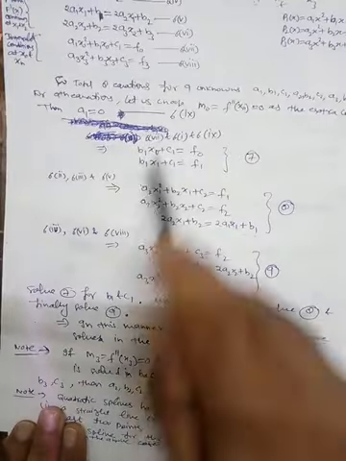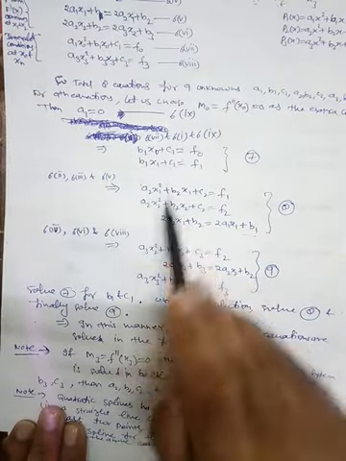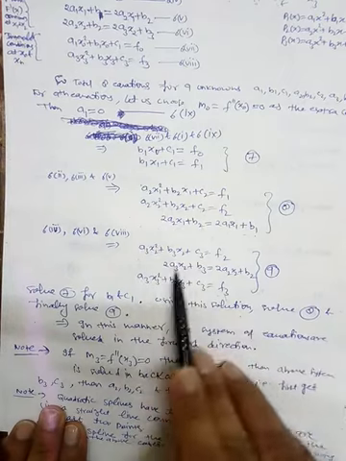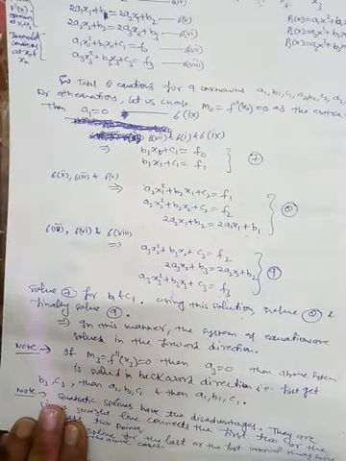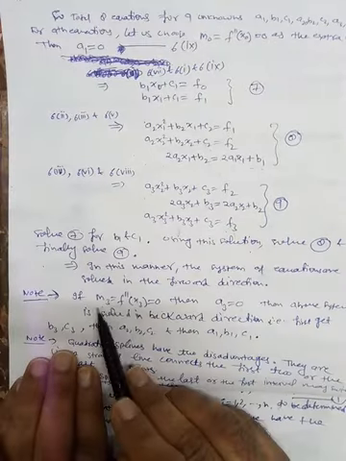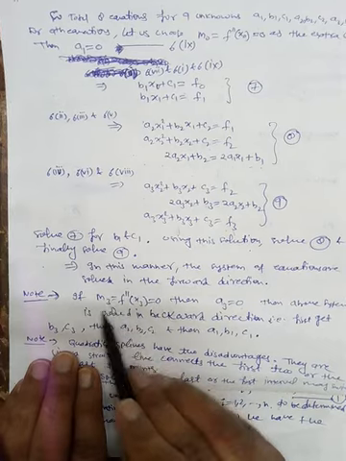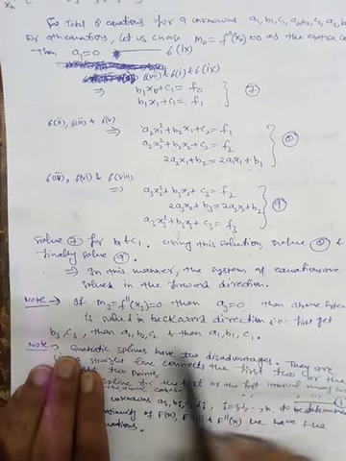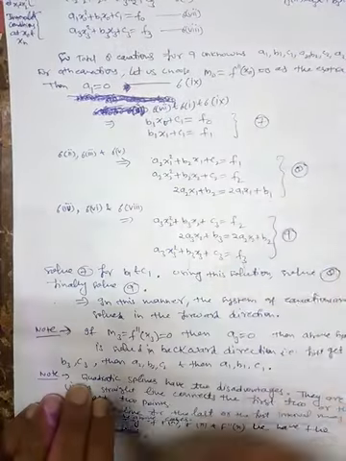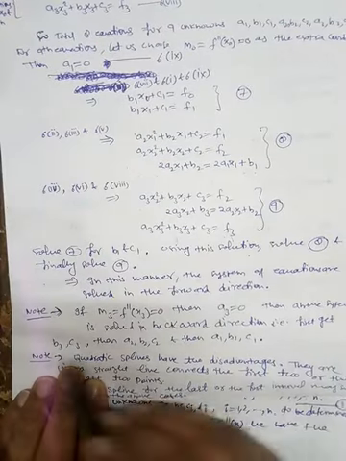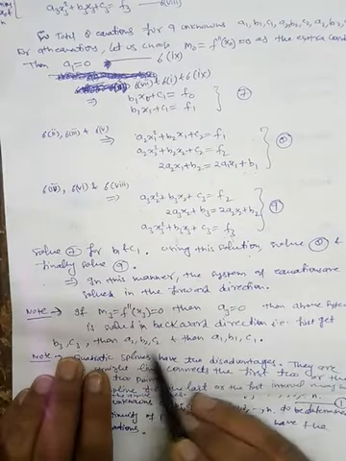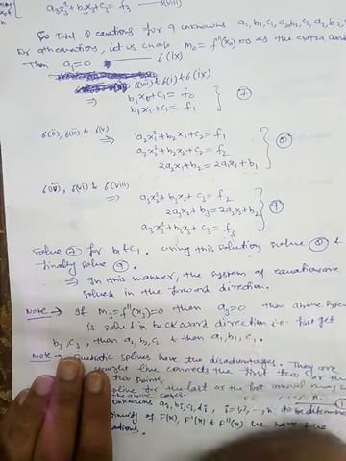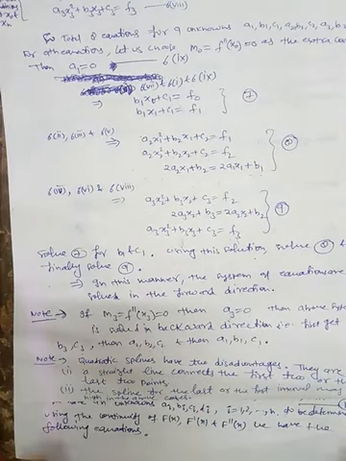Here you will observe that first we evaluated a1, b1, c1, then a2, b2, c2, then a3, b3, c3. That means forward direction. However, if the second derivative is given at the last end point, a3 will be 0, and hence you have to start from the last equation. So first find a3, b3, c3, then a2, b2, c2, and then a1, b1, c1. That means backward direction. Okay, so this is the procedure.